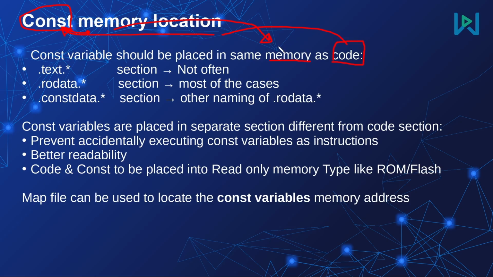Hence, instead of inserting certain jump locations or similar to access those const from our code, we can just embed even those const variables as part of the code instructions.